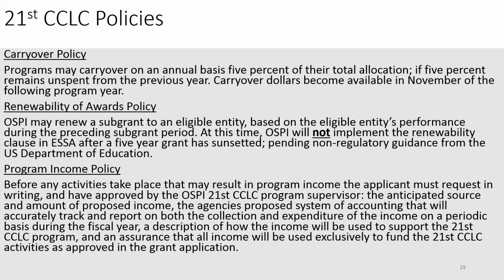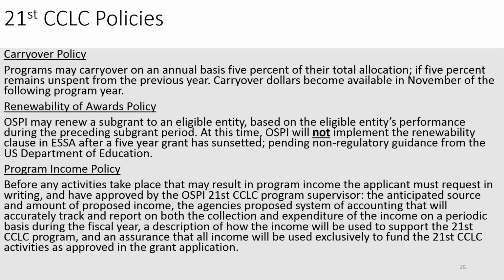And that means everything from generating revenue from fundraising or charging fees, which you are allowed under the federal statute. However, fees cannot be a barrier to children in poverty in terms of participating in a program. It would have to be on a sliding scale.